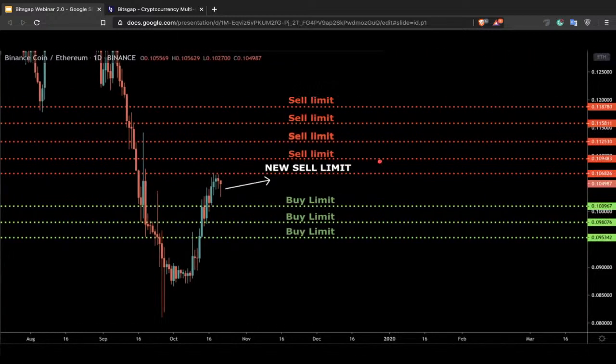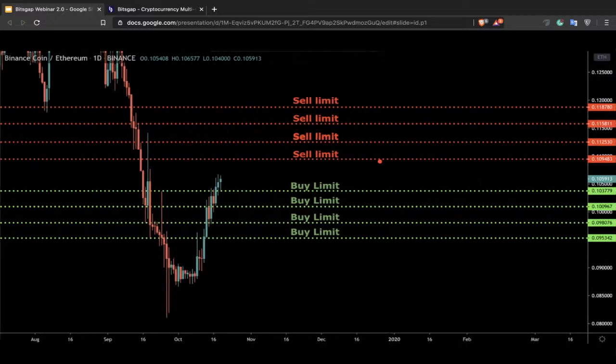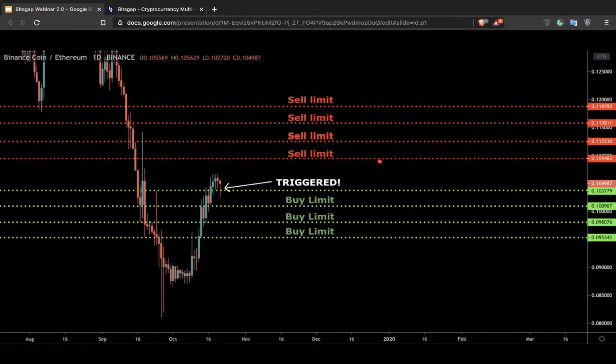So here's the example of how the price action triggers grid levels. So here we see from the start, let me show you. The price has moved downwards and eventually has triggered the buy limit order. So that means that the bot will now execute this buy order. So it will use Ethereum to buy BNB in this case.